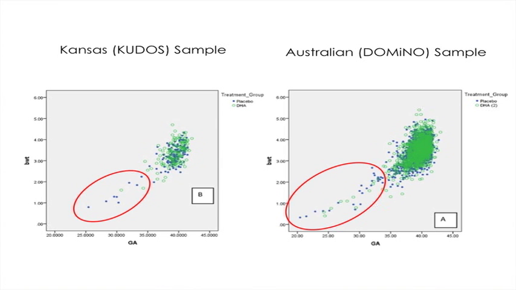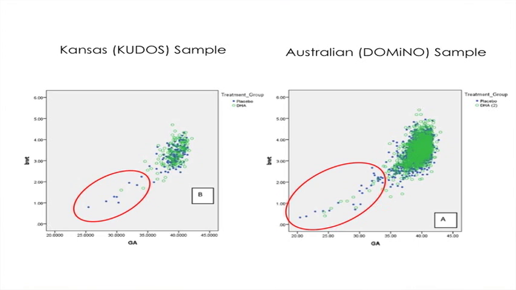Just to give you an idea, here's the plot of birth weight by gestational age for the Kansas sample. The blue dots, it doesn't show up here, are placebos, and the open green dots are DHA supplemented. Along here is where the preterm births are, and you notice that the predominance of dots there are blue.